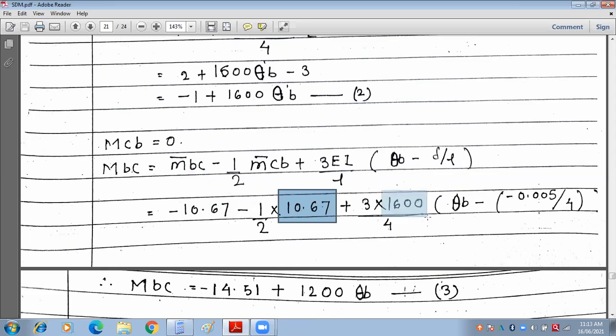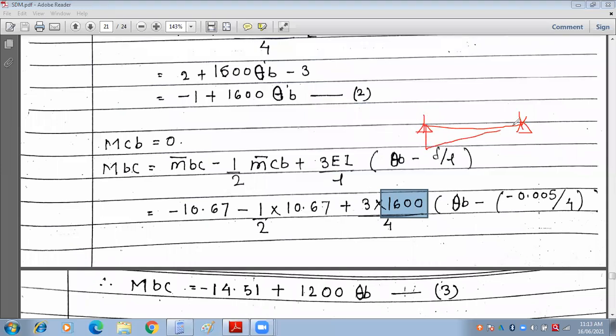EI value is 1600. Now delta value, now here if you see here, support B and support C, support B is sink down, means left side support is sink down by delta amount, and left side support is, if it is sink, then we treat it as negative, therefore this value is negative over here, minus 0.005.